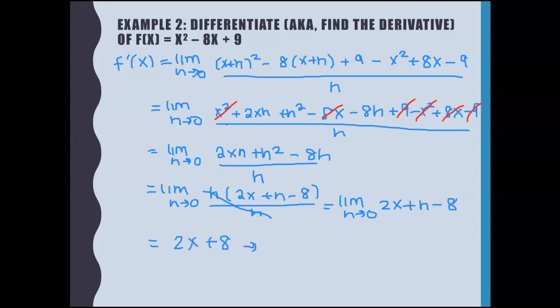So again, that represents the derivative, which represents the slope of the tangent at any x value. Sorry, it should be minus 8.